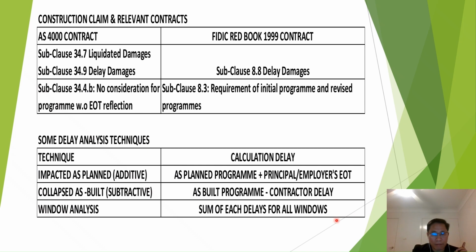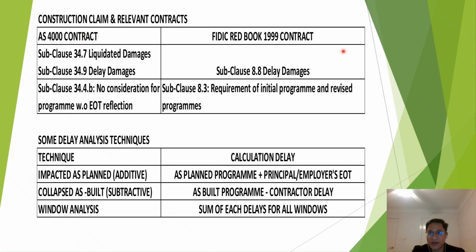Given the advantages that I have mentioned, subclause 34.4.b of the AS 4000 contract stipulates no consideration for a program without EOT reflection. That means they don't allow us to deduct any EOT in a construction program. So the collapsed as-built and impacted as-planned will not be accepted in the AS 4000 contract.